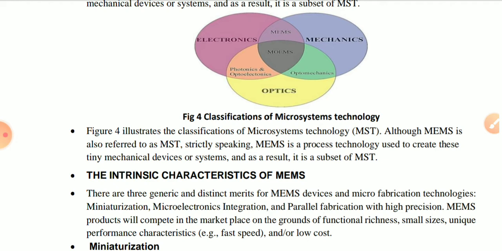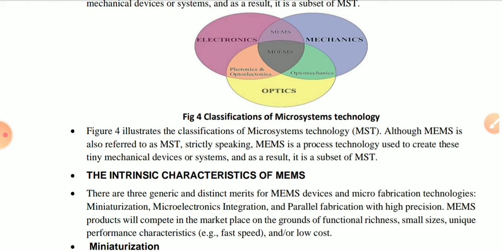MEMS is also classified on the basis of sensor, transducer and actuators. A sensor is a device that measures information from the surroundings, the environment, and provides an electrical output signal.